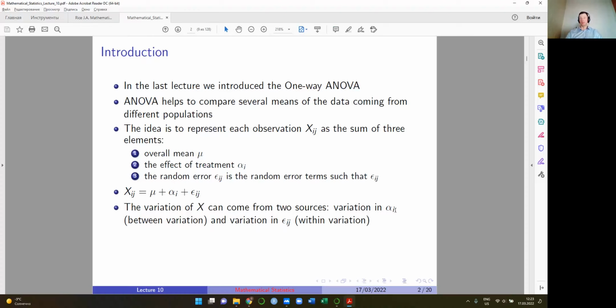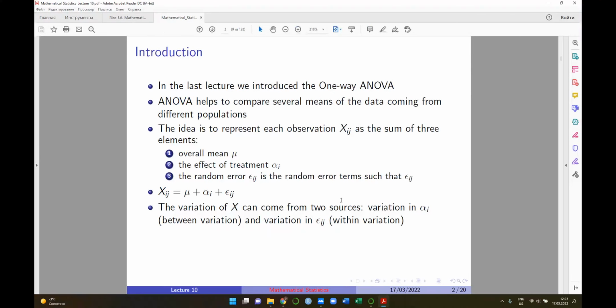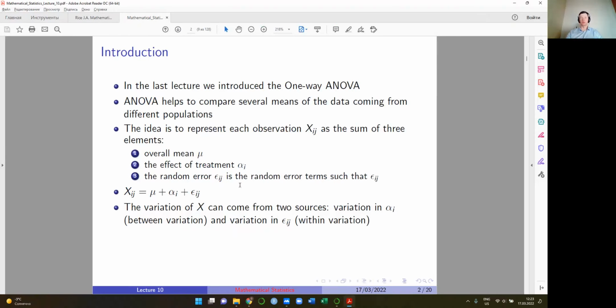And we call the first part between variation, so the variation between different groups of data, or between different treatments, or between different populations. And the second source of variation is this random error, which is thought of as the result of other factors which are not represented by the treatment. So epsilon ij, and we call this within variation.